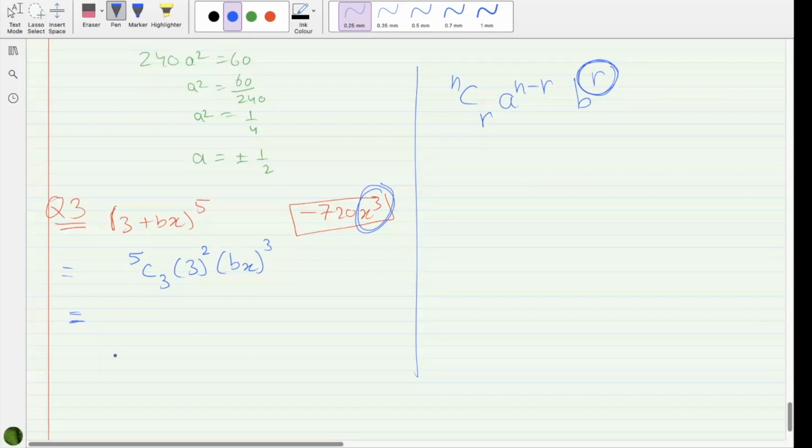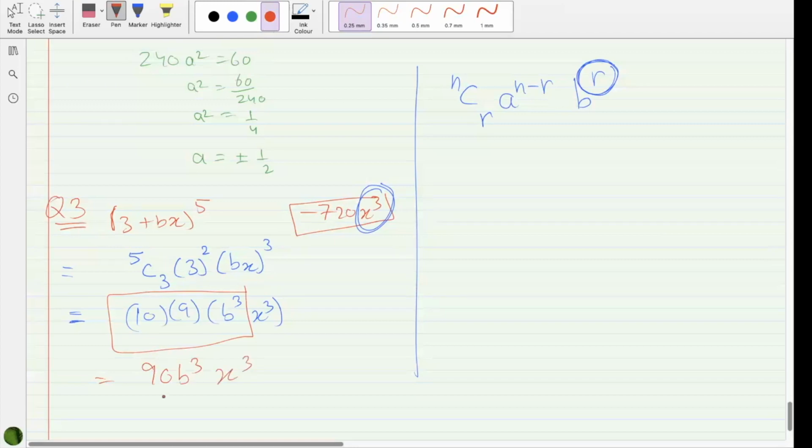Now 5C3 is 10, 3 square is 9, b cube x cube, and we already know that the coefficient of x cube is minus 720. So this is 90b cube x cube, and we equate 90b cube with negative 720.